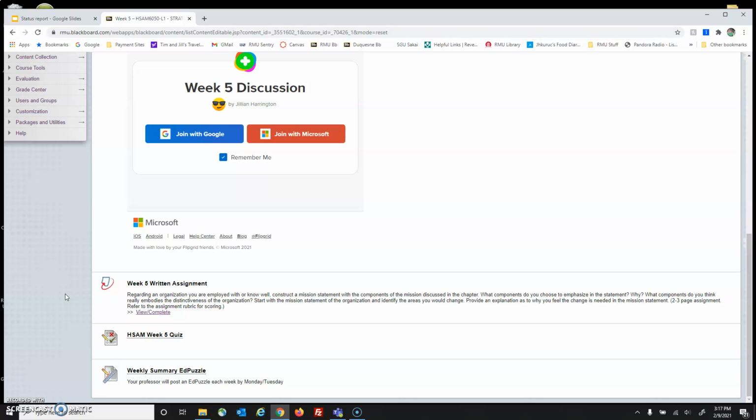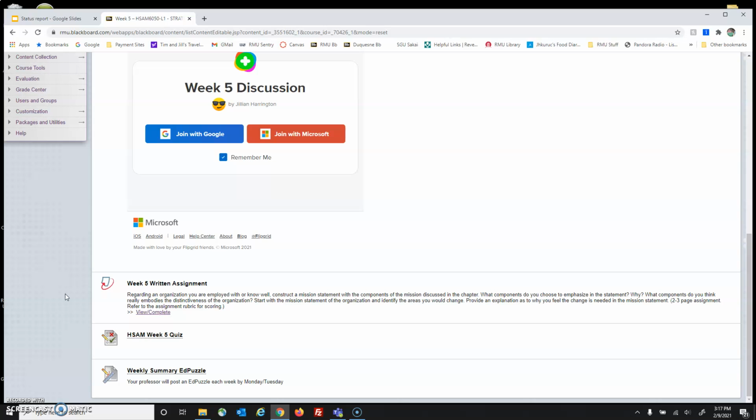The reason is we created one based on what we would want to create, and then the accreditors said, nope, you've got to include this, and this, and this. So sometimes external influences actually impact your internal mission statement, which is really interesting if you think about the connectedness of all of these things together.